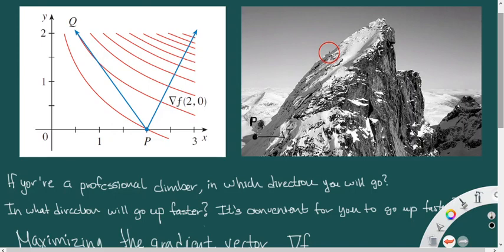What is the change in the height with respect to the amount of distance that you are moving? If you go in this direction and you are walking the same distance, do you think that the height is going to be different or higher from the point P?